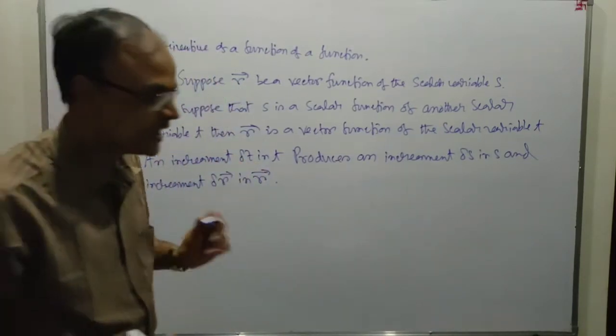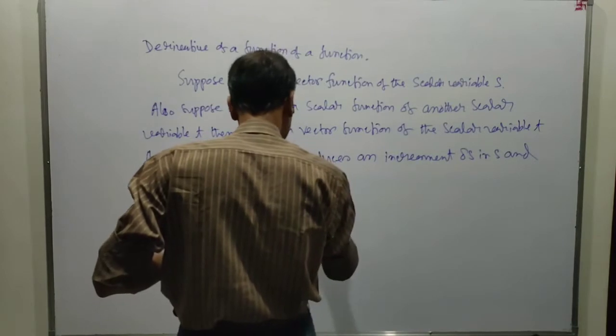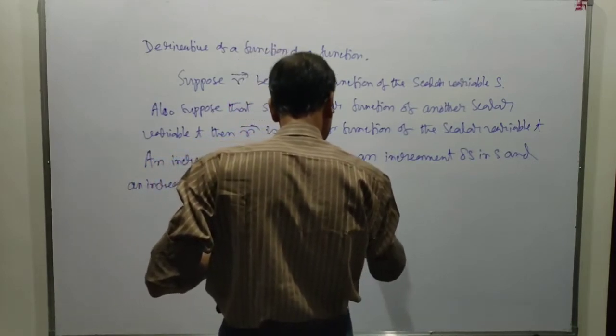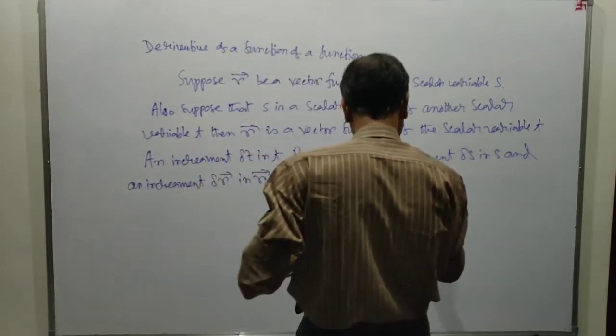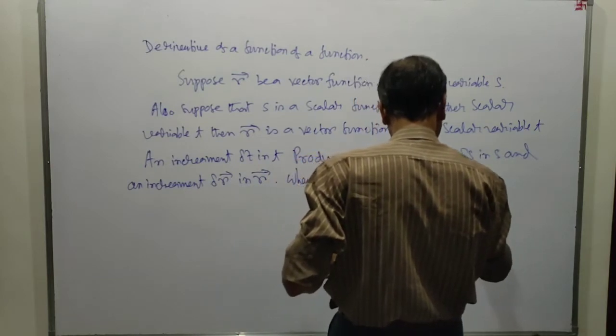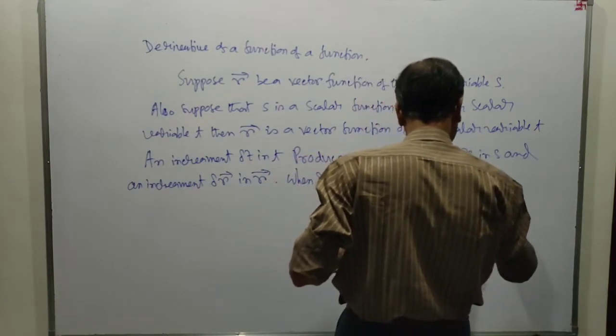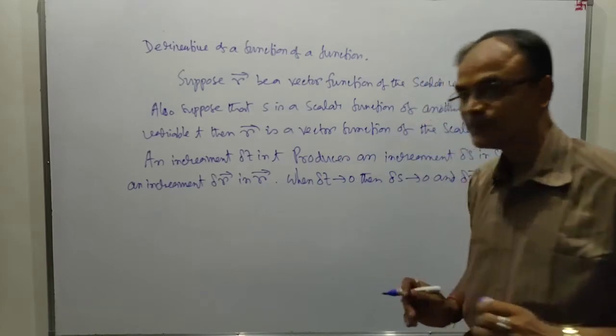Also, when delta t tends to 0, then delta s tends to 0 and delta r vector also tends to 0.